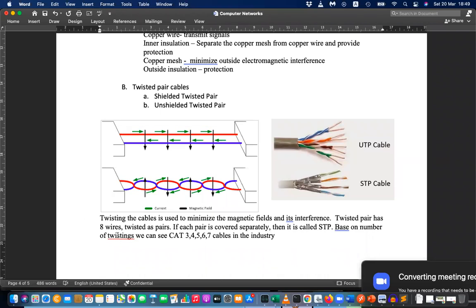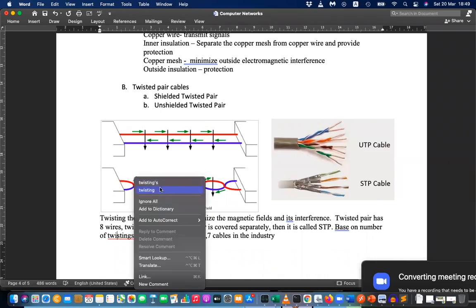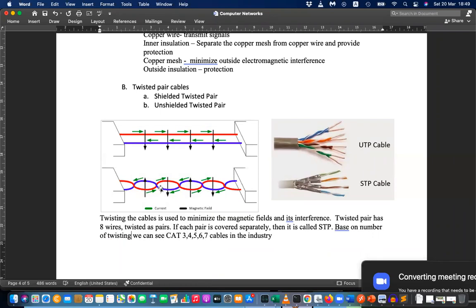Even so, there are more categories like category 3, cat 4, cat 5, cat 5e. Likewise, there are several subcategories too. Anyway, that is based on the number of twistings.